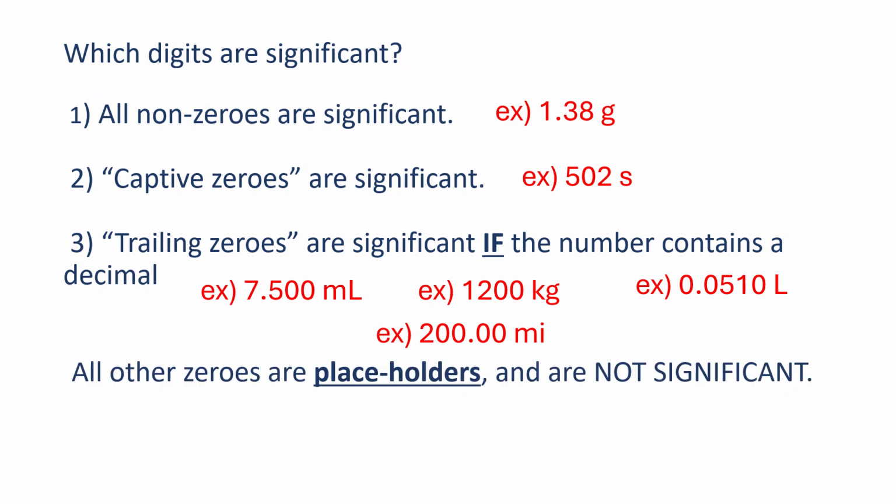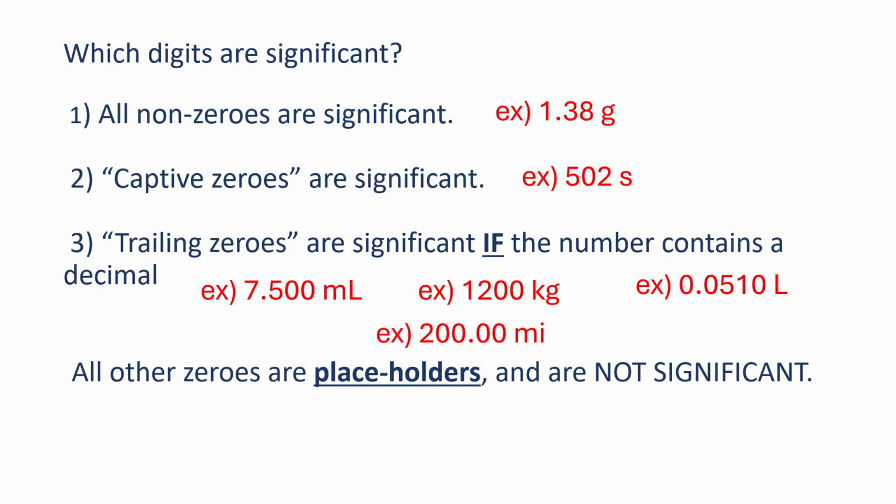Another way of looking at this is thinking of the zeros that are not significant. So all zeros that are just placeholders are not significant. It doesn't mean they're not important in the sense that we can't just erase them. So we wouldn't want to change 1,200 kilograms into 12 kilograms, right? That would change its value by quite a bit.